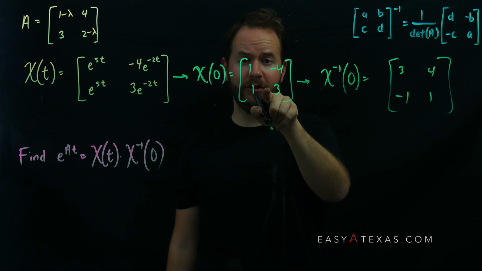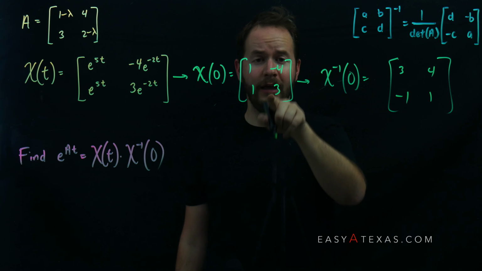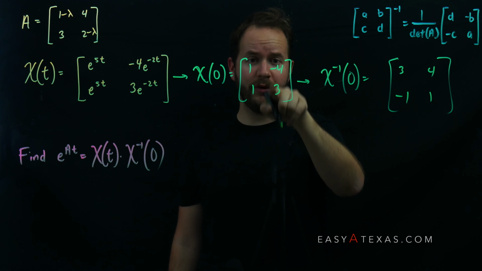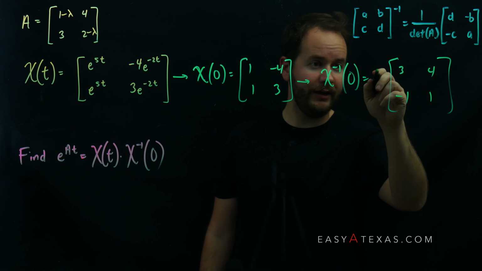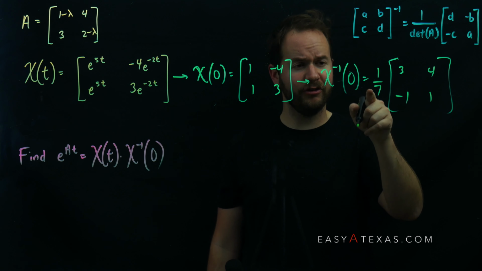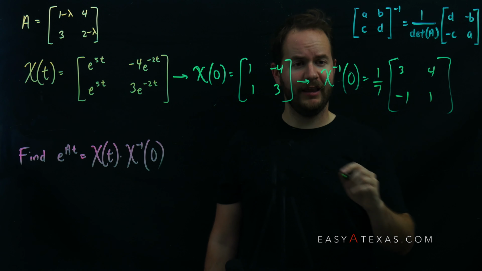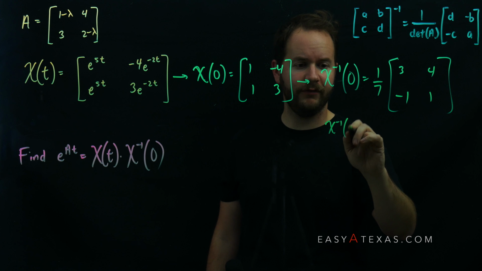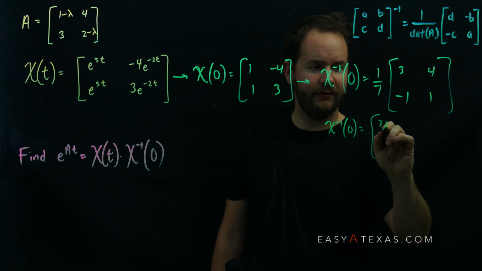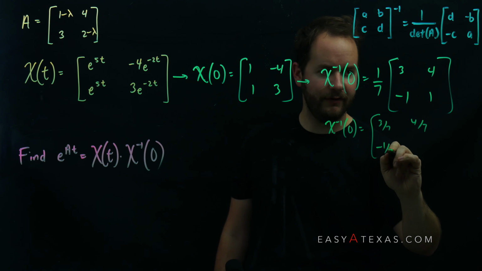The determinant of this original matrix is 1 times 3 is 3, -4 times 1 is -4, so we have 3 minus -4, that will be 7, so I need a 1/7 out here, and I'm actually going to distribute the 1/7 to the inside of that parentheses, giving me chi inverse of 0 equals 3/7, 4/7, -1/7, 1/7.